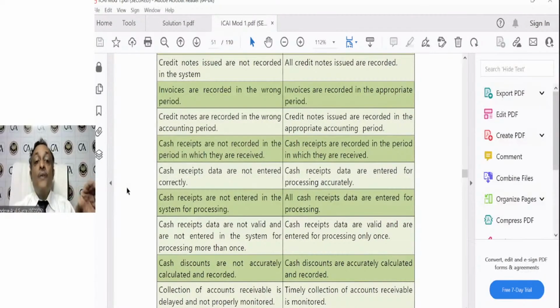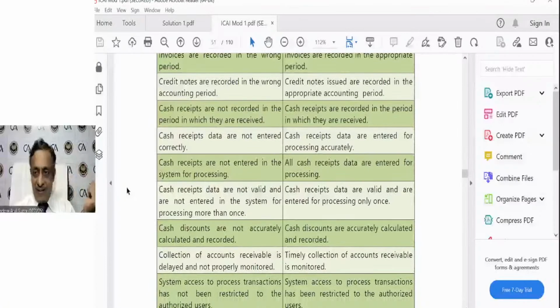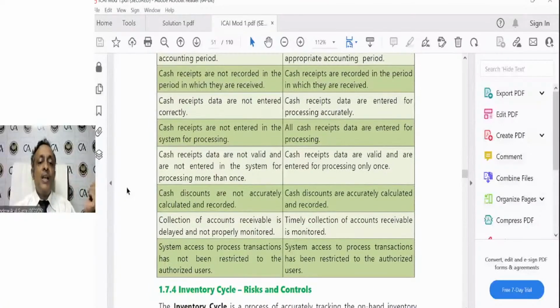Cash receipt data not valid and entered in the system for processing more than once. So multiple cash receipts not properly entered. Again, indicative of fraud, error. Cash discounts are not accurately calculated, recorded. Again, indicator of fraud. Collections of AR is delayed, not properly monitored. Clerical, there has to be someone who is going to check it. And system accesses, authorizations. Okay.